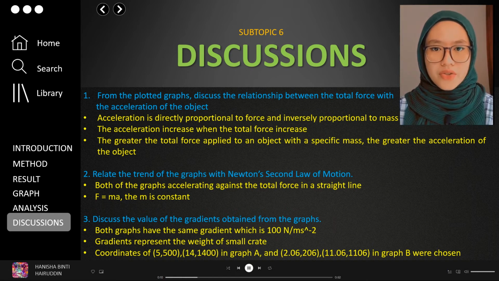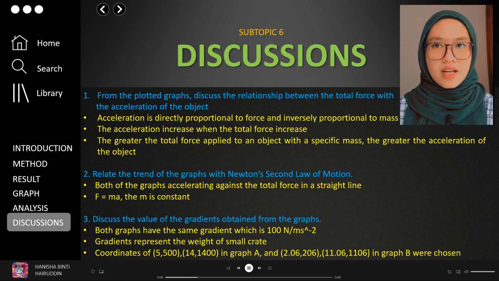For the third question, discuss the value of the gradients obtained from the graphs. The values of the gradients obtained from the graphs are the same, which is 100 Newton per meter second square. Actually, the gradient in both graphs represents the weight of the small crate. The gradients were obtained from two coordinates in each graph.